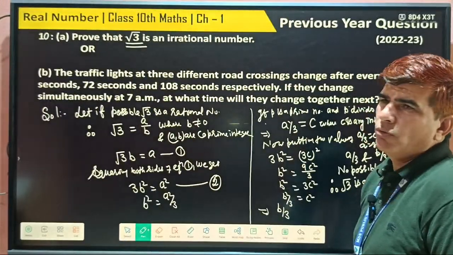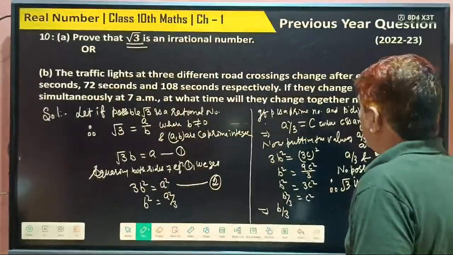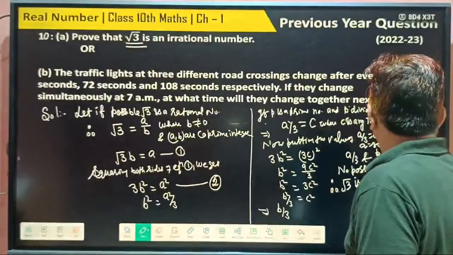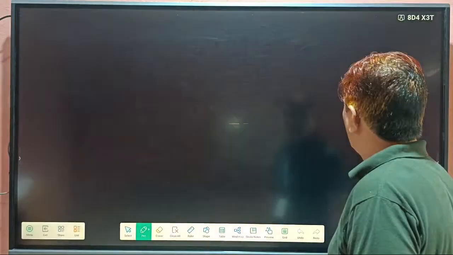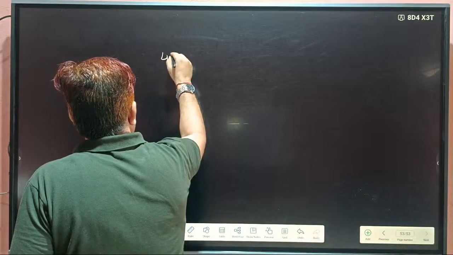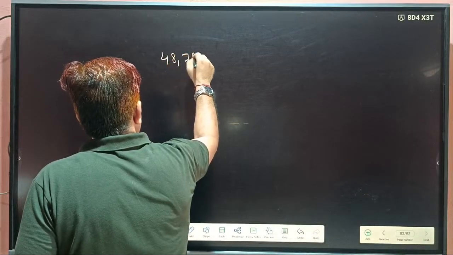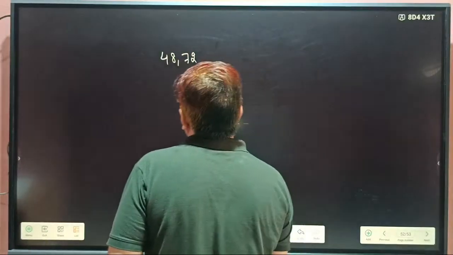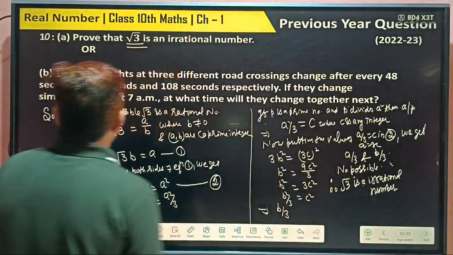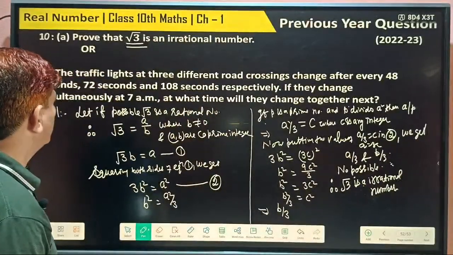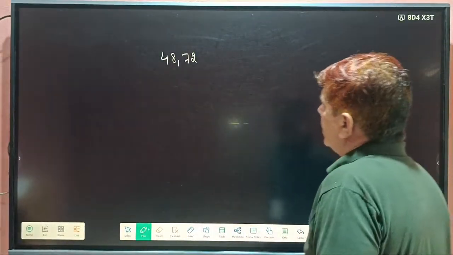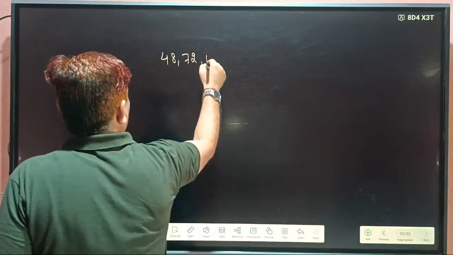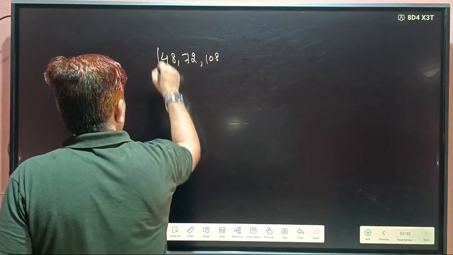So what do you have to find out? Their LCM. Whose LCM? Of 48, 72 and 108. So directly we can find out.